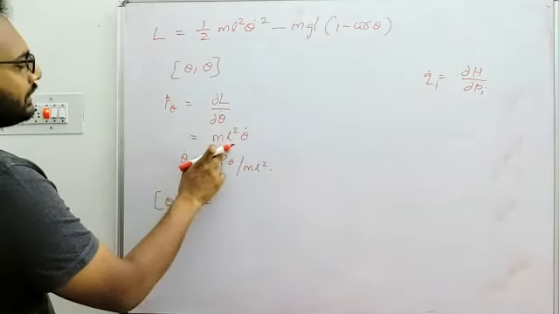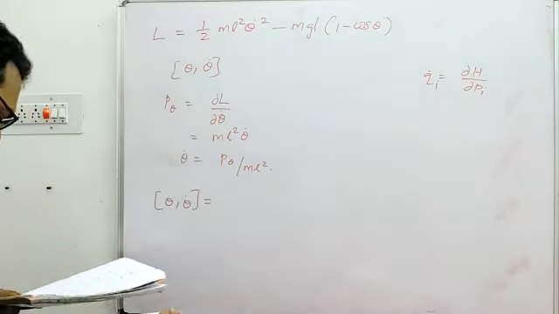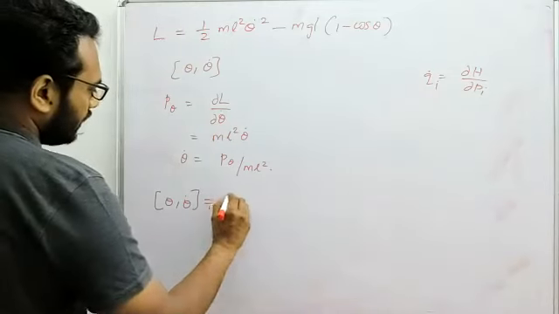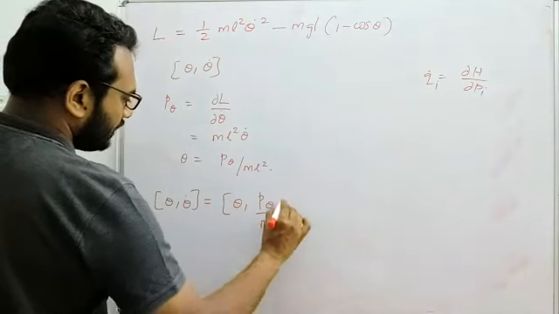So theta with theta dot is equal to theta with P theta divided by ml square. This is correct, isn't it?